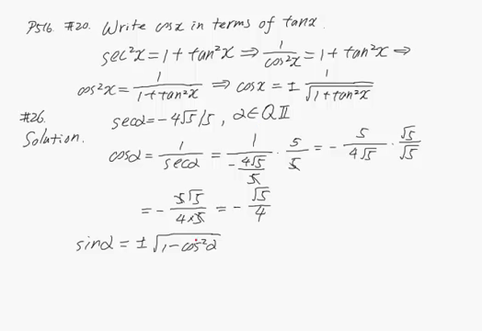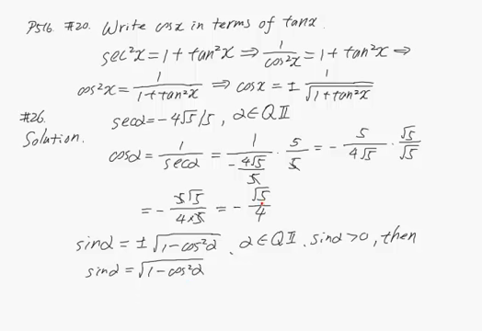So since alpha is in quadrant 2, sine alpha is positive, then we just get sine alpha is equal to the square root of 1 minus the cosine square alpha, right?